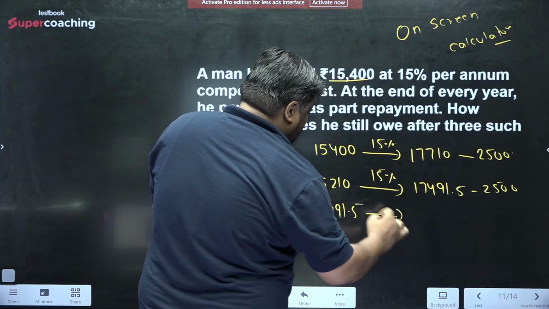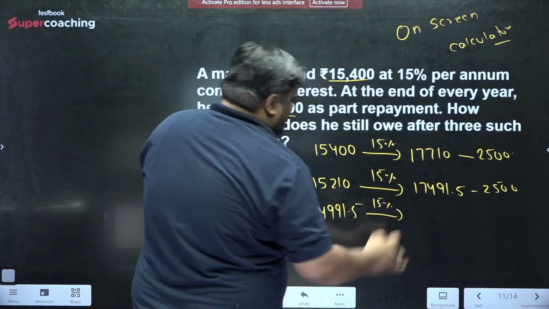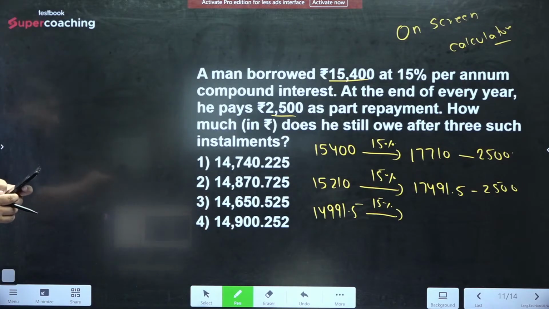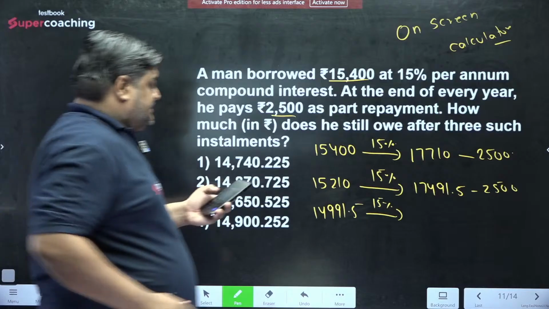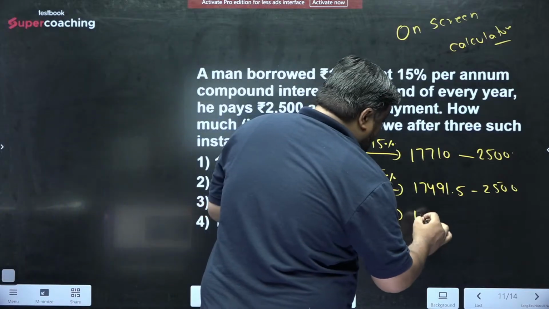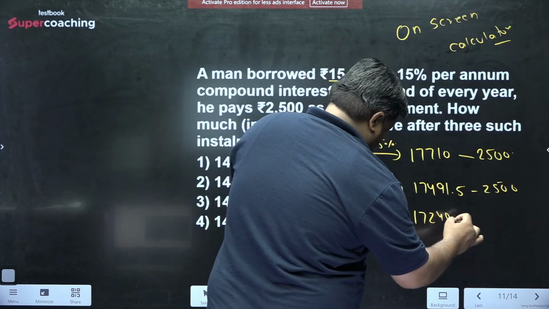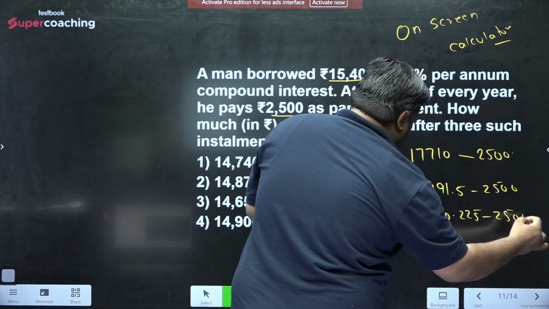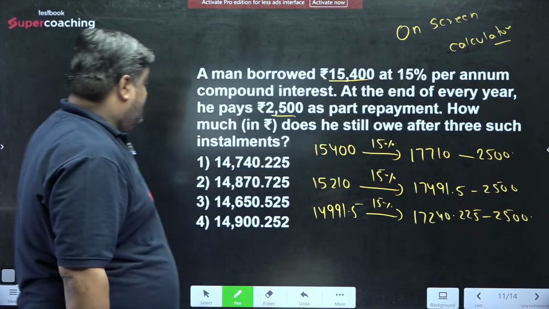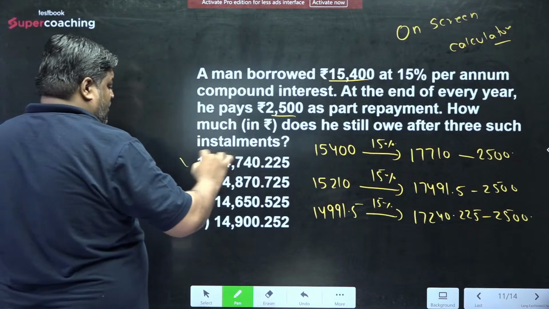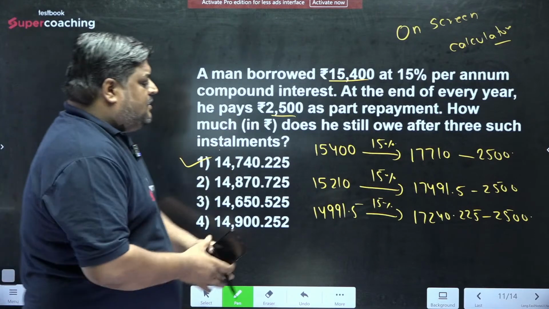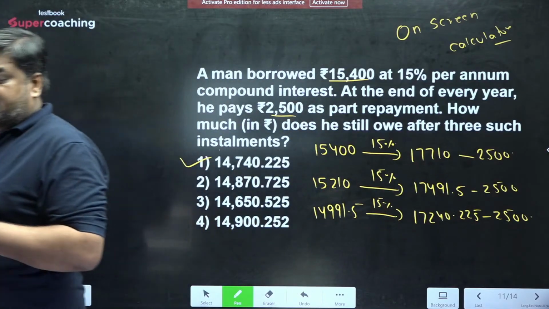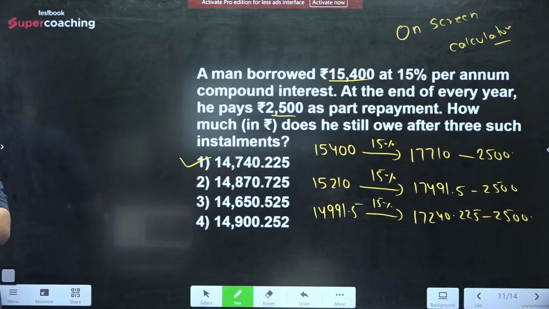This would be the principal for third year. Again 15%, multiplied by 1.15, 17,240.225 minus 2500. ये आपको सॉल्व करने की जरूरत नहीं है. ऑप्शन 1, 0.225 एक ही ऑप्शन में है.